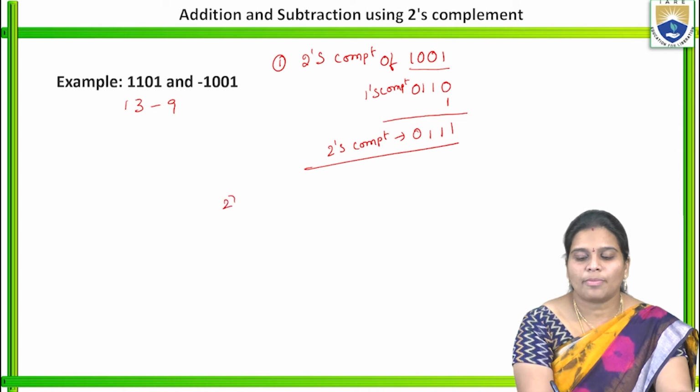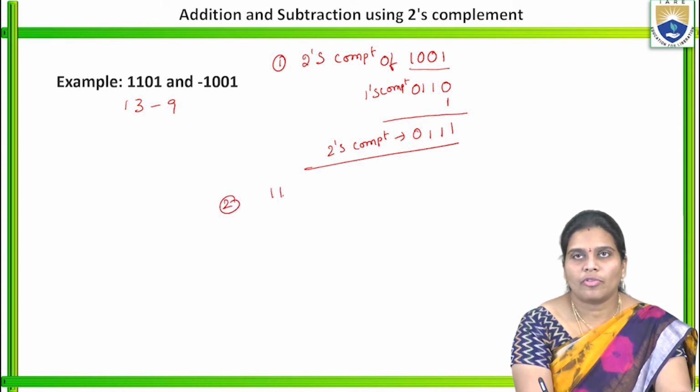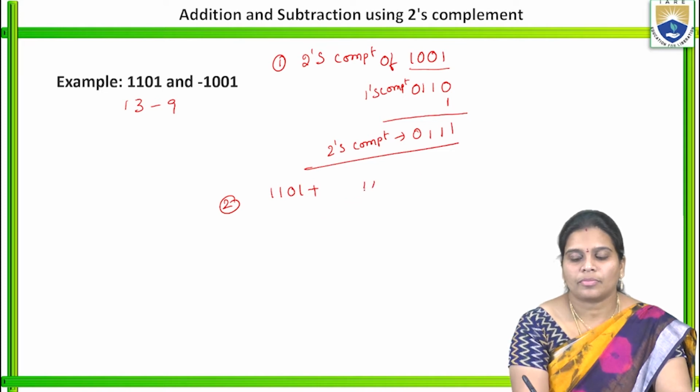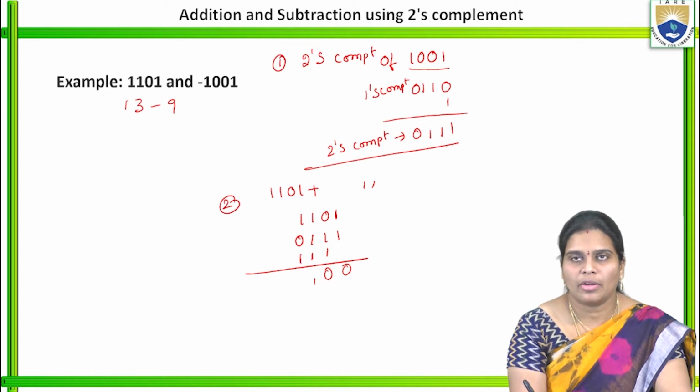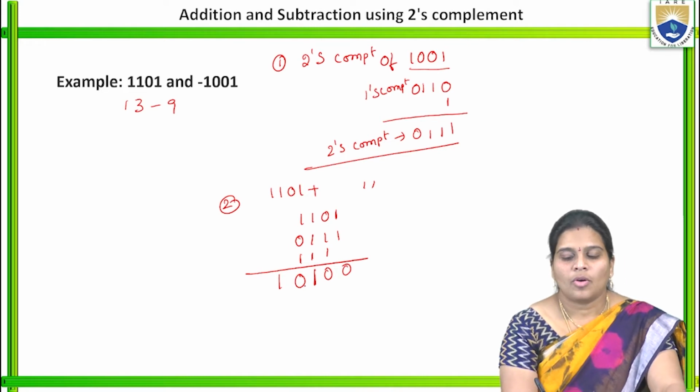In the second step, add 1101 plus the twos complement of this value, which is 0111. Adding bit by bit: 1 plus 1 is 10, and so on, giving 10100.